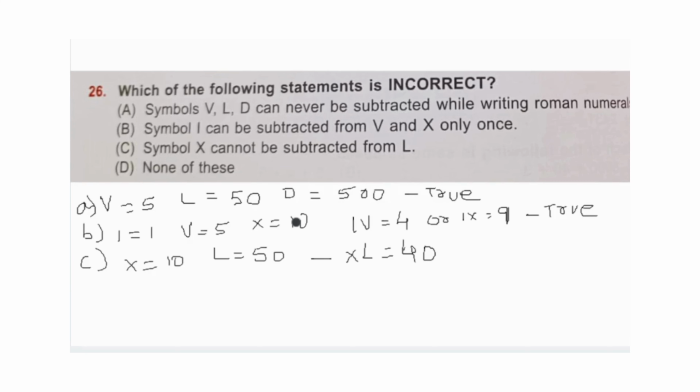So if you read the statement correctly, it says symbol X cannot be subtracted from L, which is not true. This is a false statement. You can subtract X from L. So our correct answer is option C.